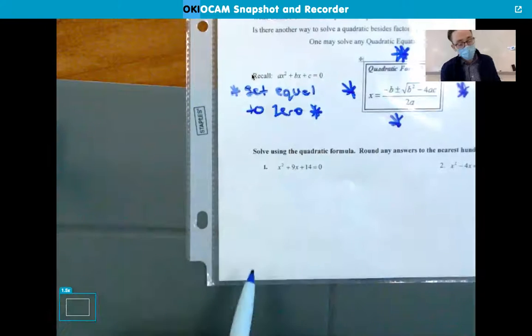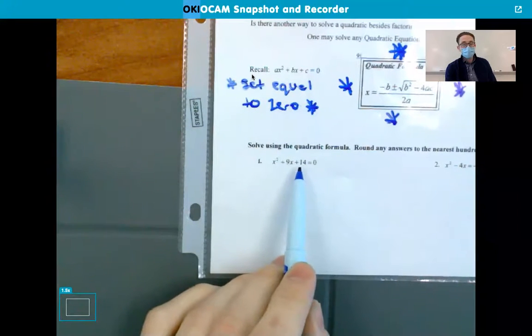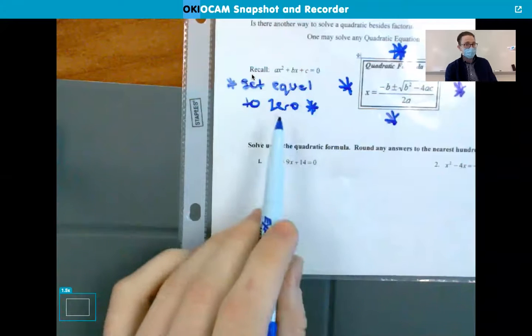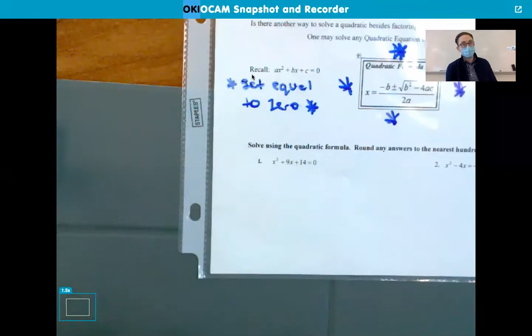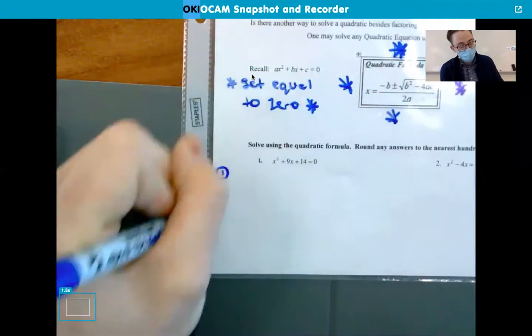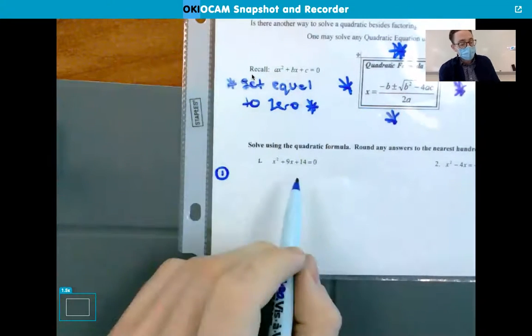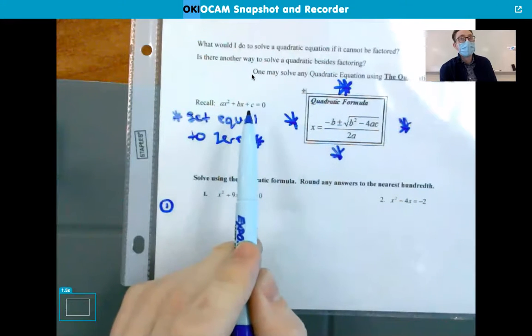Let's take a look at example 1. I have x squared plus 9x plus 14 equals 0. So if I'm looking at my first note there, it's set equal to 0, I'm good, okay? The first thing that I want to do, and I'm going to label these with steps almost, is to actually go ahead now and write out what are my a, b, and c values.